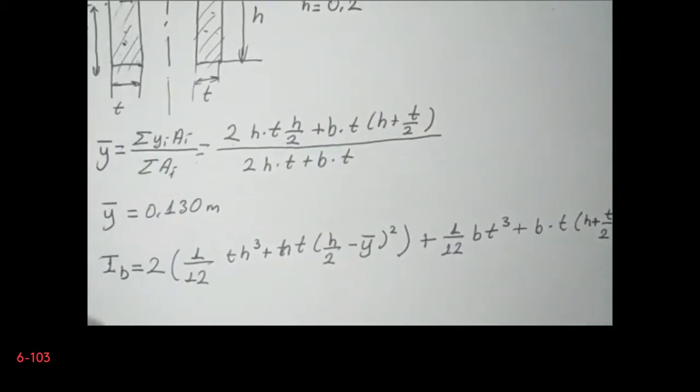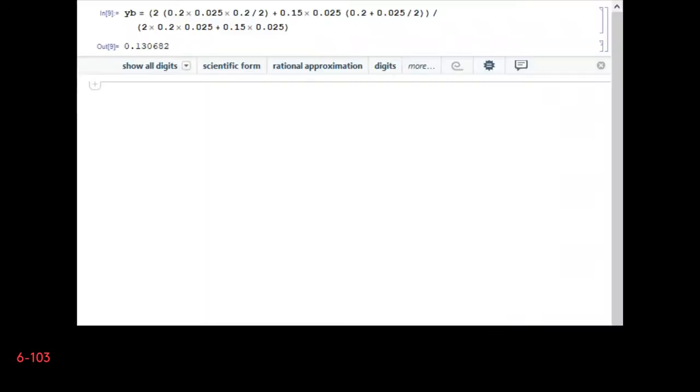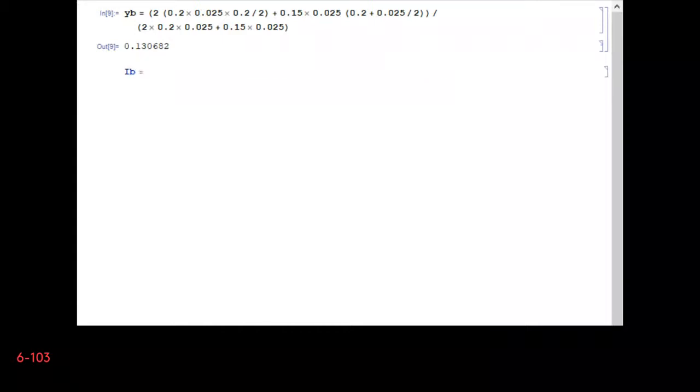Okay, so let's calculate the values. I will use Mathematica for this. IB is equal to 2 multiplied by 1 over 12 T H cube.